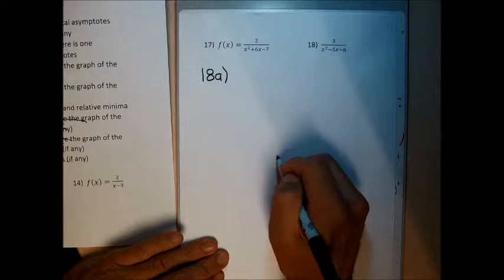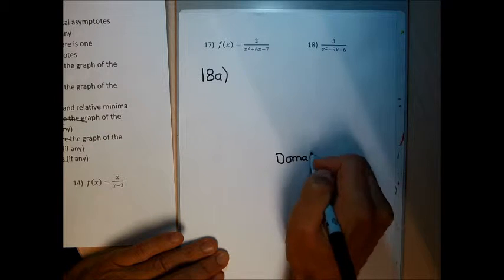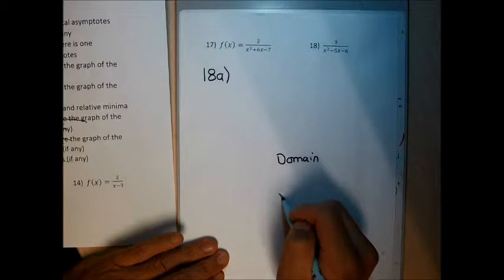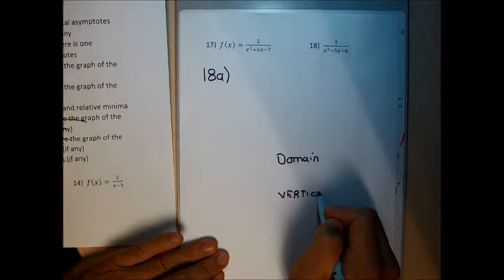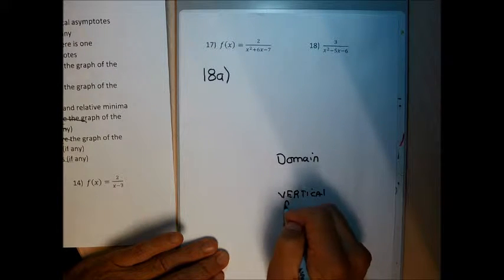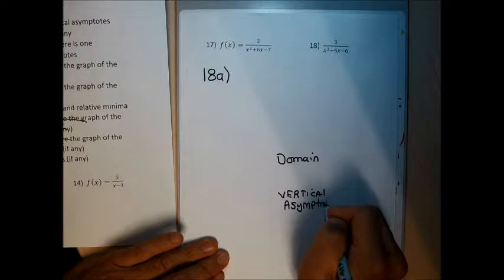Eventually I'm going to write an answer as to what the domain is. I'll write it in words, and then I'll write it in interval notation, and then I'll write what the vertical asymptote is. And the vertical asymptote, or asymptotes, as there's going to be 2 of them in this case, just have the equation x equal to some number.